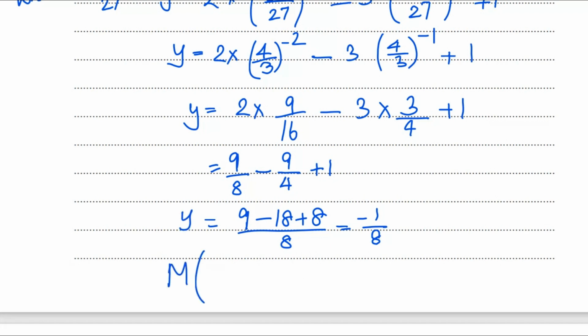So M is 64 over 27 comma negative 1 over 8.